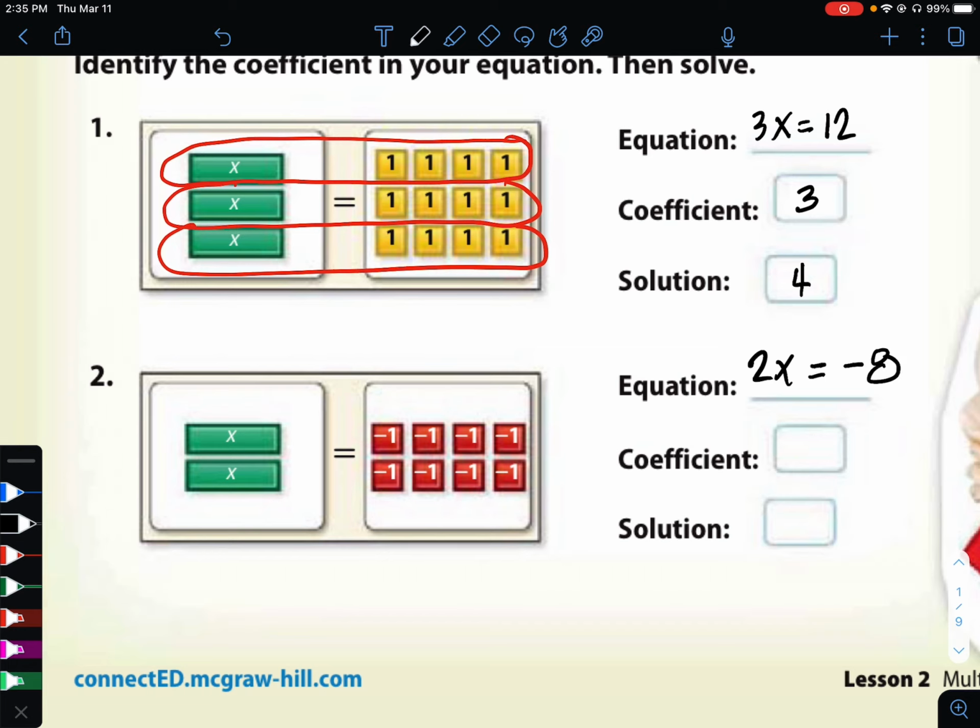In the first example, we have 20 equals 4x, and we want to check our solution to see if it's right or not. First things first, write down your equation: 20 equals 4x. Now we know that 4x is 4 times x.